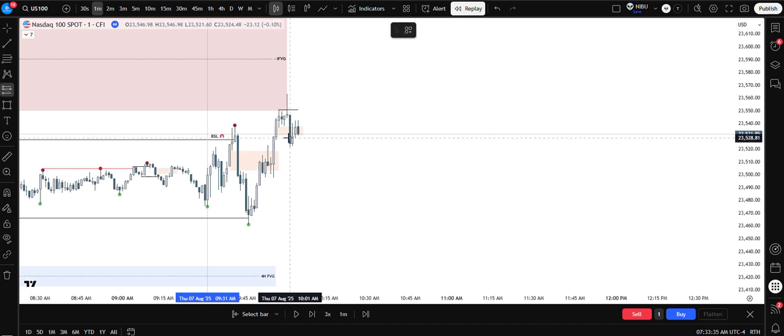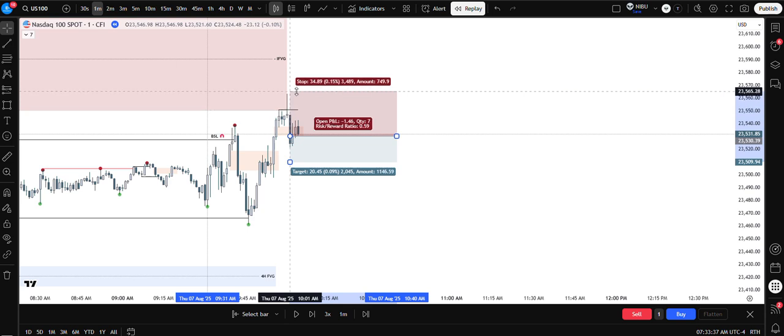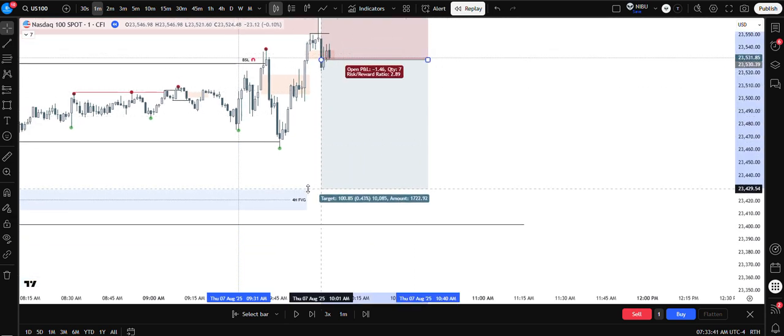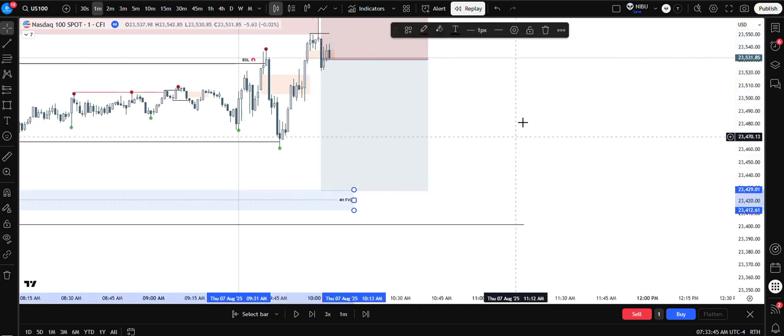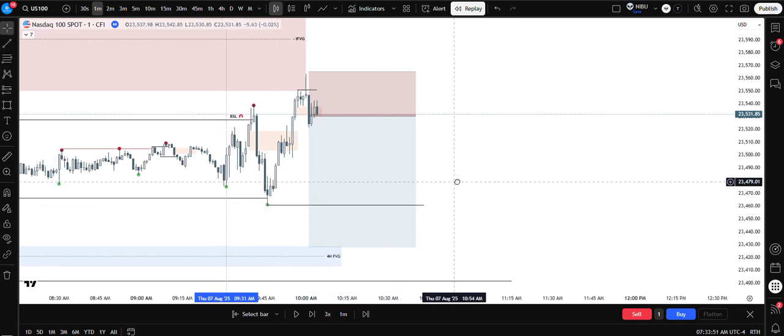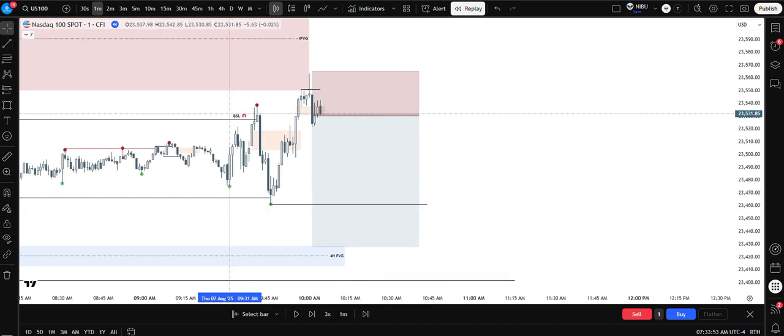So you short here, stop loss above, and you can target our FVG. Your first target should be this low, and once price closes below, you should move to break even.